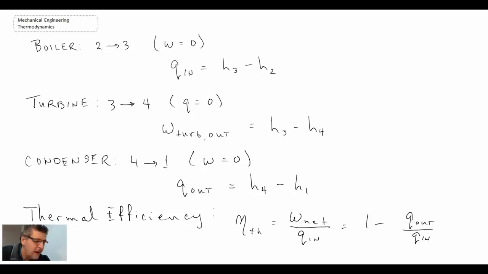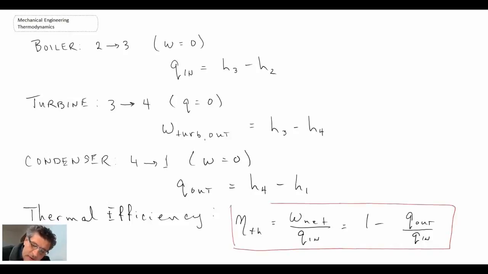If you're given a Rankine cycle, you can go through, determine all of the different enthalpies, and plug them into these equations. You can get net work, so you'd have to evaluate both of the work terms, the turbine out and the pump in, and the heat in. Or if you know Q out and Q in, you can also determine the thermal efficiency from that. That is the equation we can use to determine the thermal efficiency of the Rankine cycle.